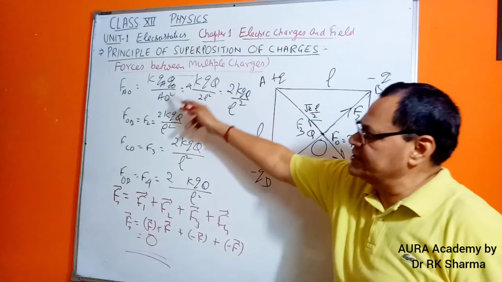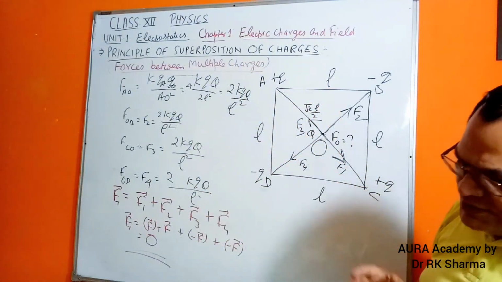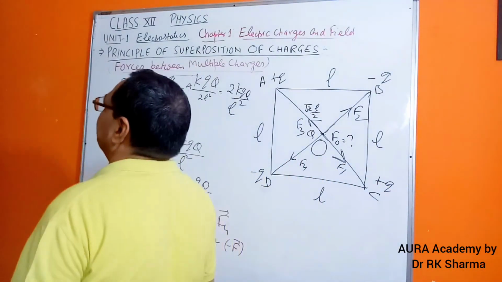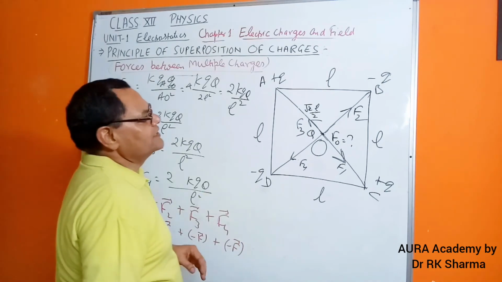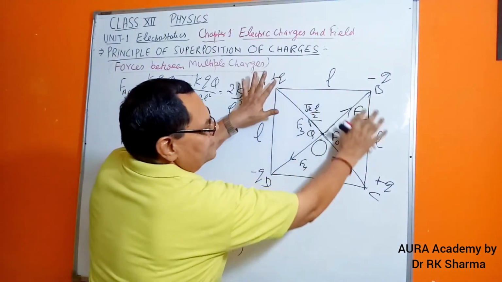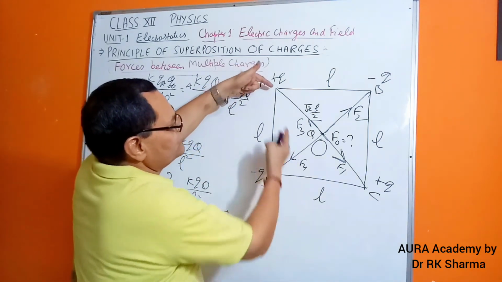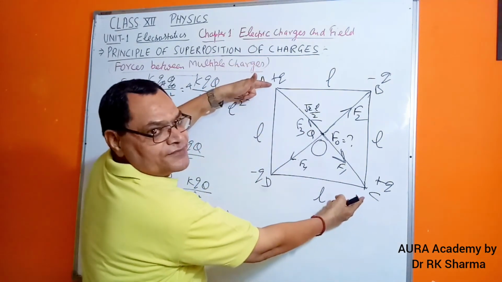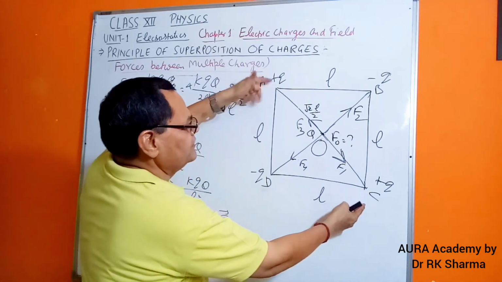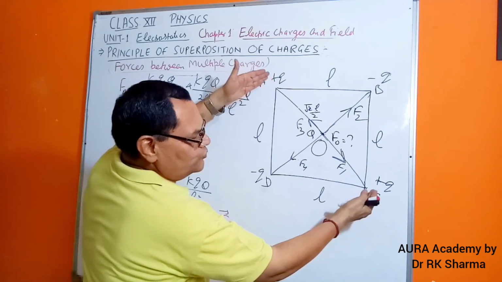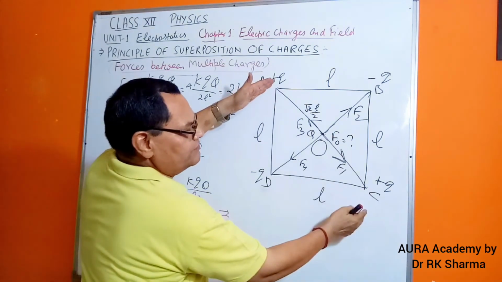So as far as numericals and CBSE are concerned, you will be writing all these steps. But in competitive examinations, we have very little time to solve this. So please remember one important trick. What is that? If there is any question of this nature and you find that the charges at the opposite vertices are equal and of similar nature, that is you find here plus Q, plus Q, so the magnitude is same, even sign is also same.